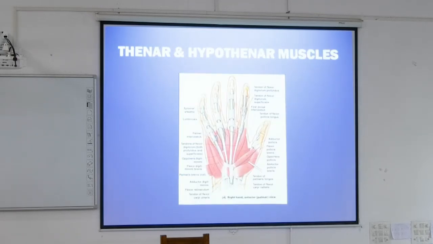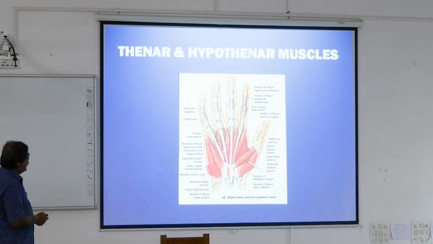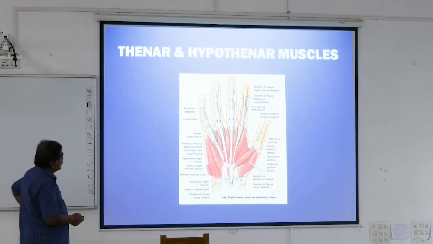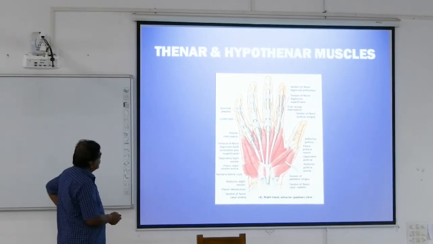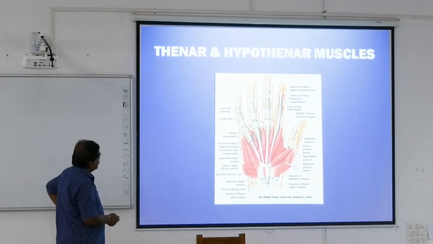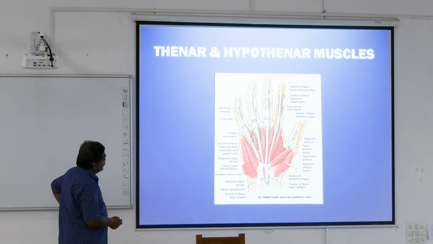Now, thenar and hypothenar muscles over here, you can see these muscles here, lumbricals. This is the thenar muscles, this is the opponens digiti, flexor carpi digitorum. This is the tendon of palmaris longus.